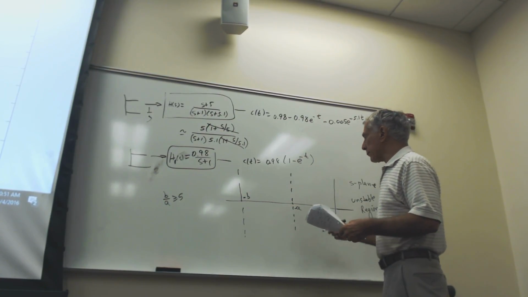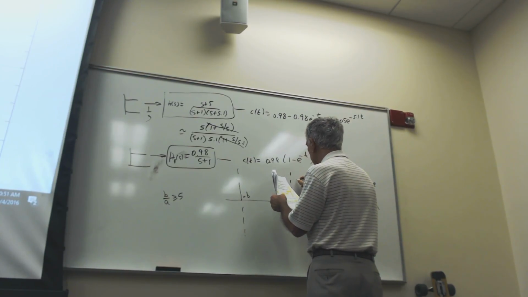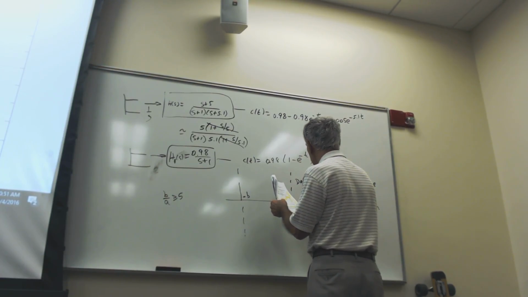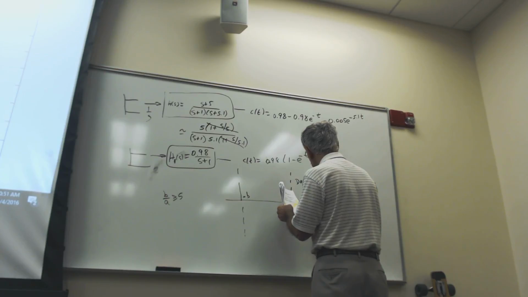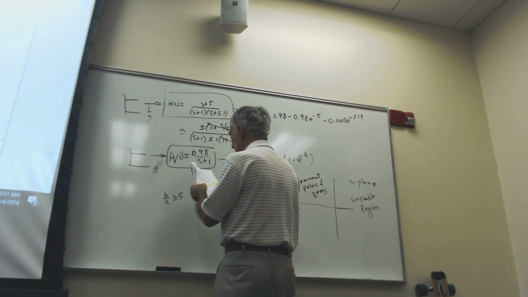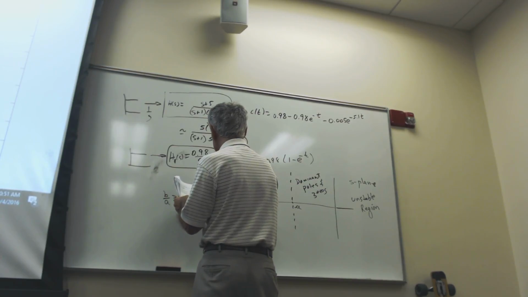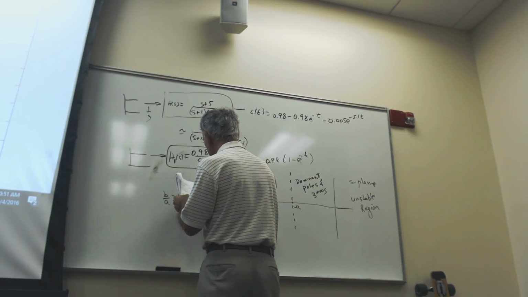Here you have dominant poles and zeros. Here, to the left of B, you've got insignificant poles and zeros.